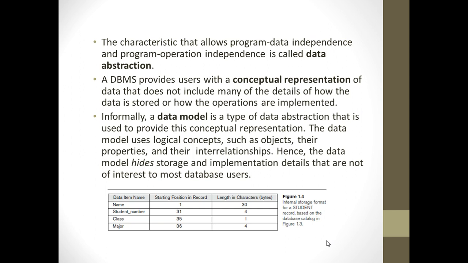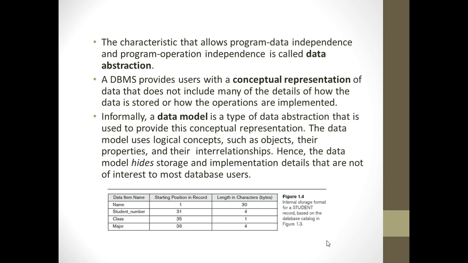And all this becomes possible with the help of a data model. A data model is a type of data abstraction. With the help of this data model, I bring about conceptual representation. Conceptual representation means representing a concept. So here in the data model, I will use objects, or you may call them entities, and relationships, to bring about the conceptual representation.